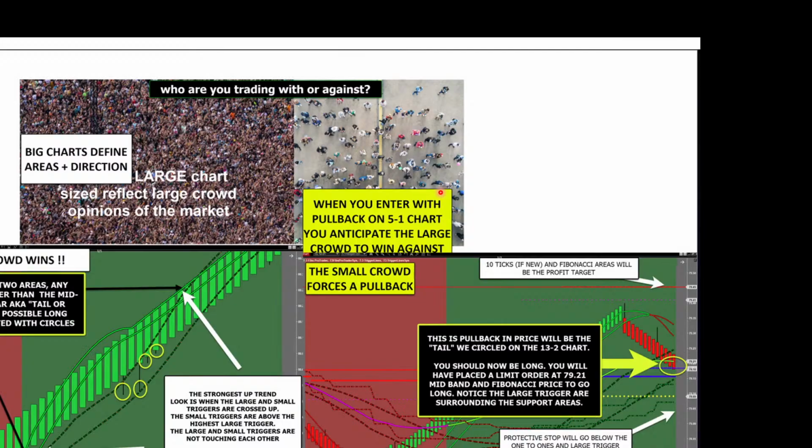Your small chart, I want you to think of it as the people that don't have the patience or the desire to go with the large crowd. They fight. They create what we call a retracement, just a little push down when everything says up, or just a little push up when everything says down. Guys, these fighters have the money to make that little fluctuation happen, but their fight typically ends 70 to 80% of the time.